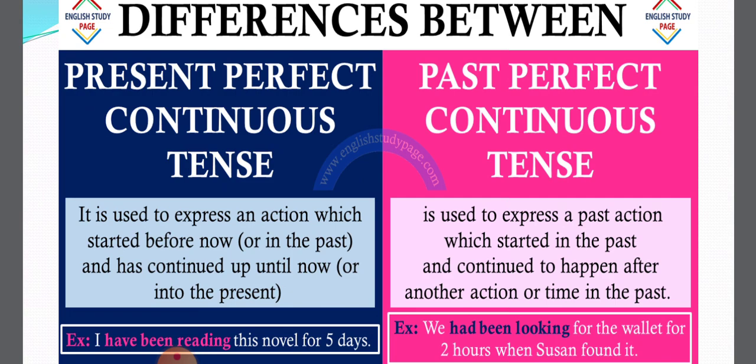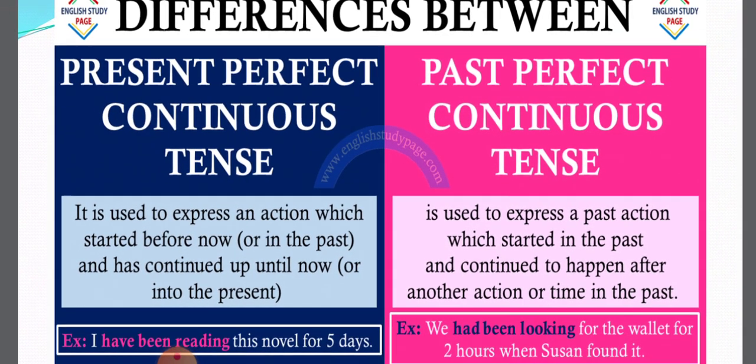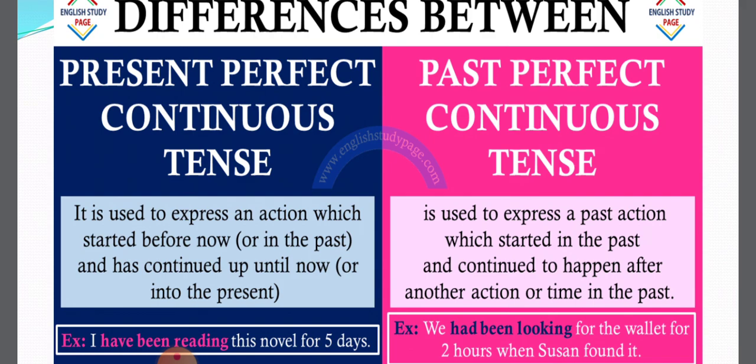Now in case of past perfect continuous, it is used to express a past action which started in the past and continued to happen after another action or time in the past. This is the difference. In case of present perfect continuous, the action started in the past and continuing till now.